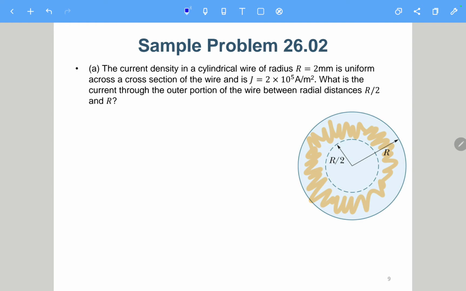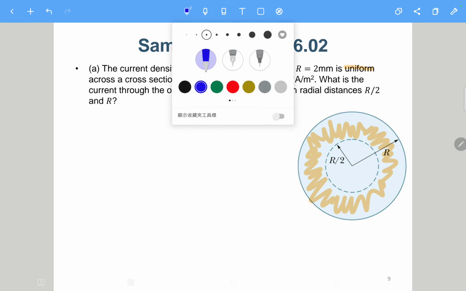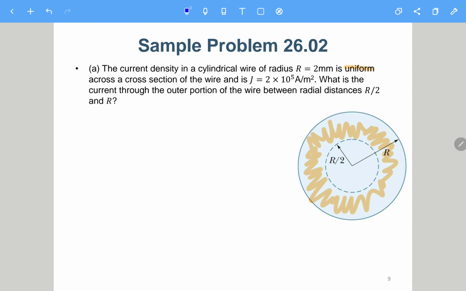As J is uniform, we just need to use multiplication rather than integration. But for part B, we really need to use integration. So here we only need to calculate the area of the ring, A prime.